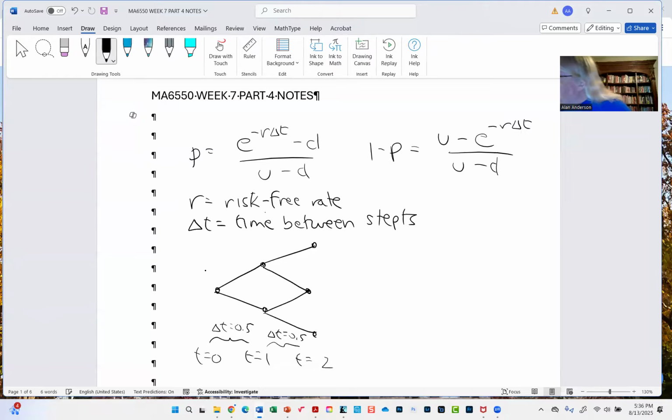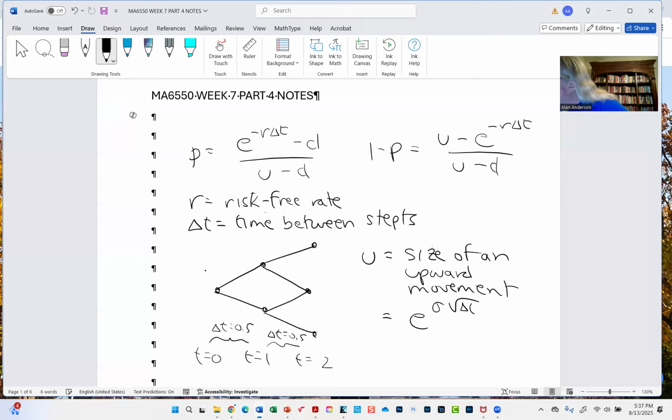Then we also have U and D. U is the size of an upward movement. And we saw yesterday that in Cox-Ross-Rubinstein's model, that is equal to e to the sigma radical delta T. And then D is the inverse of that, the size of a downward movement.